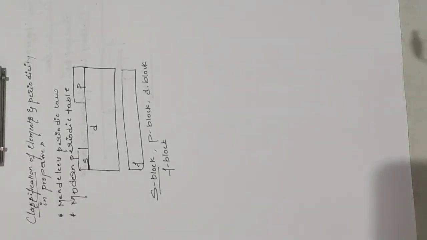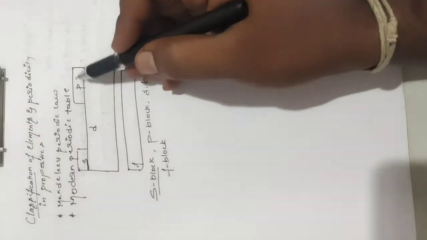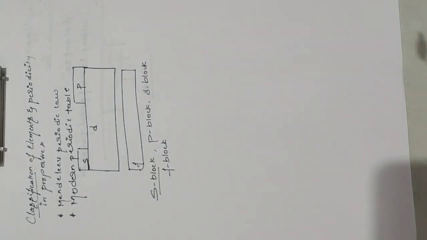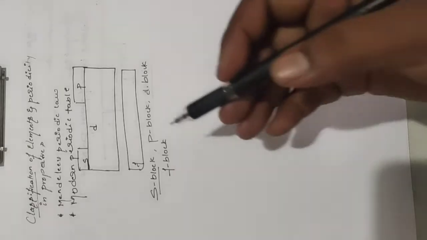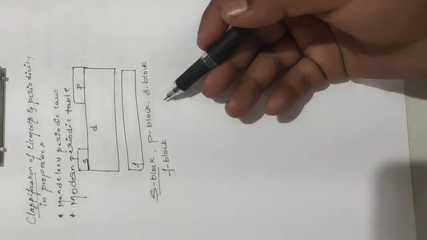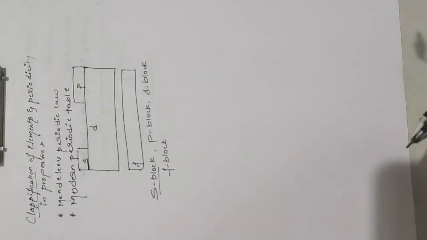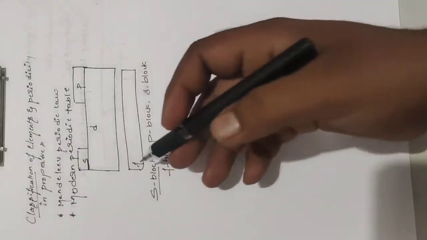When we come to the P block, it is classified into groups from group 13 to group 17. And D block or transition elements. We are going to study these deeply in the video.